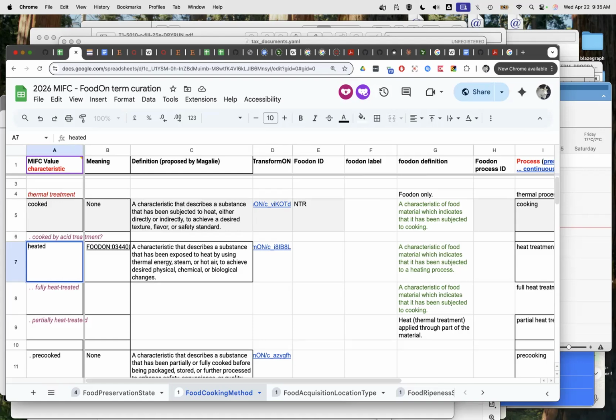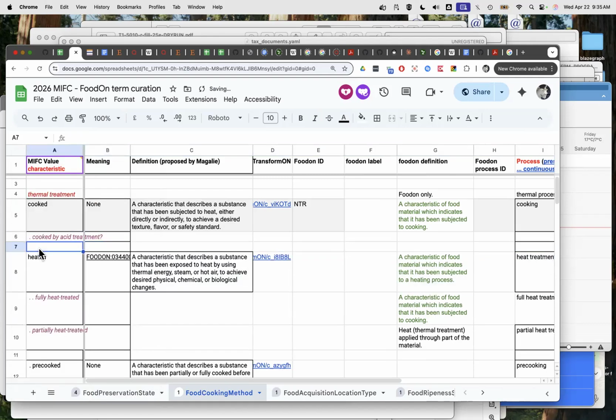And then you said you can have cooked by heat or cooked by acid. Yes. Right. So there is a cooked, and there is a cooked by. These are such classic problems, I'm so happy we're finally tackling them now.